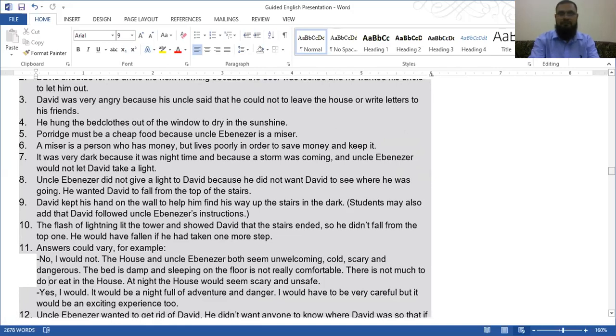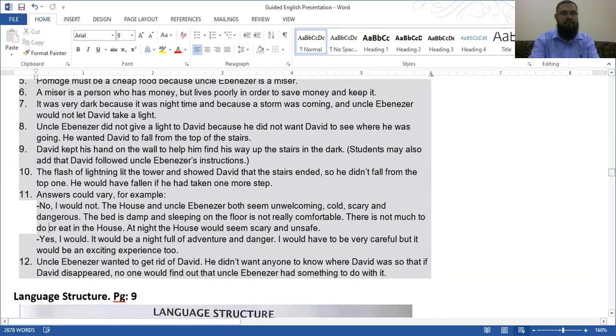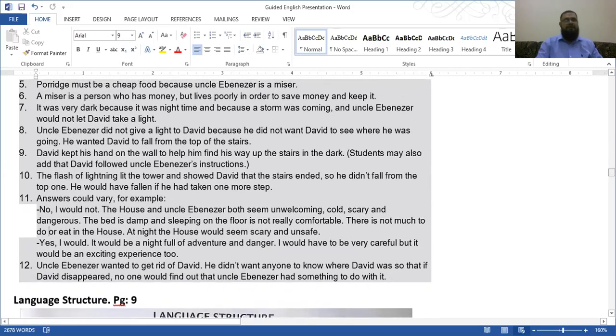Now number 9. David kept his hand on the wall to help him find his way up the stairs in the dark. And students may also add that David followed Uncle Ebenezer's instructions because he was a very well groomed and very well brought up child.